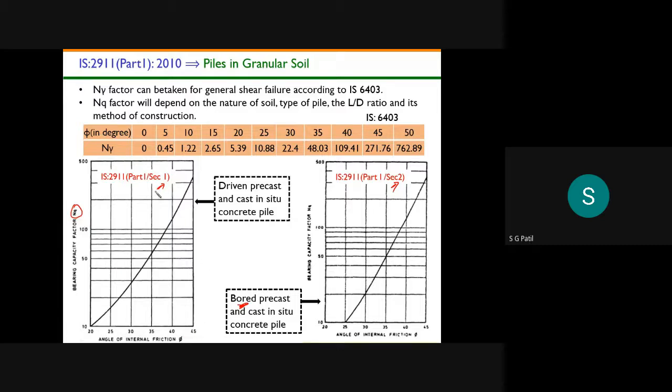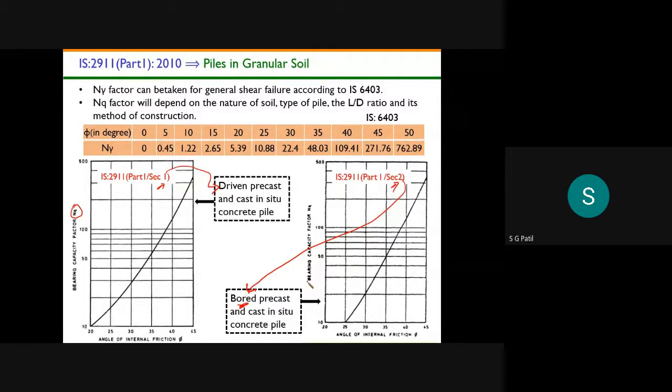If you have a driven pile, whatever phi value you take, you can take the corresponding Nq value here. And if you have a bored pile, then you have to refer to this curve. So section 1 speaks about a driven pile, and section 2 speaks about a bored pile.